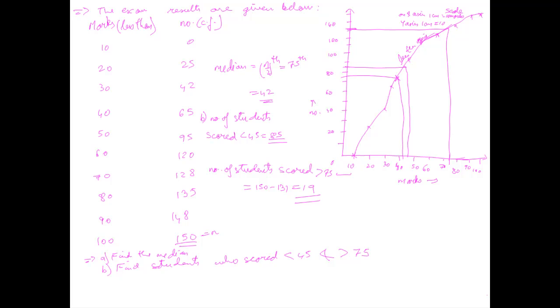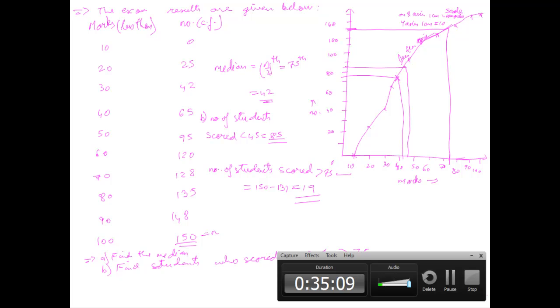That's the next question, children. The question says, find the mode of the following data: income and number.